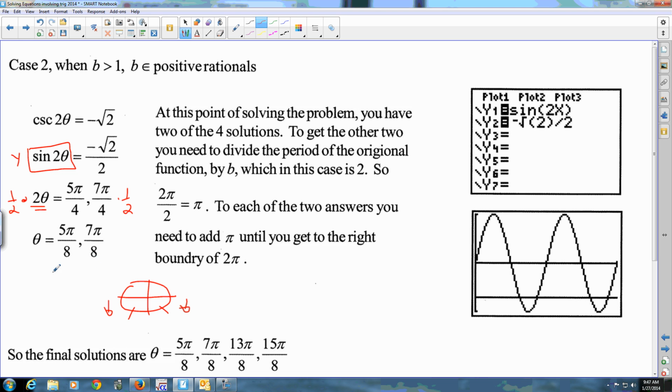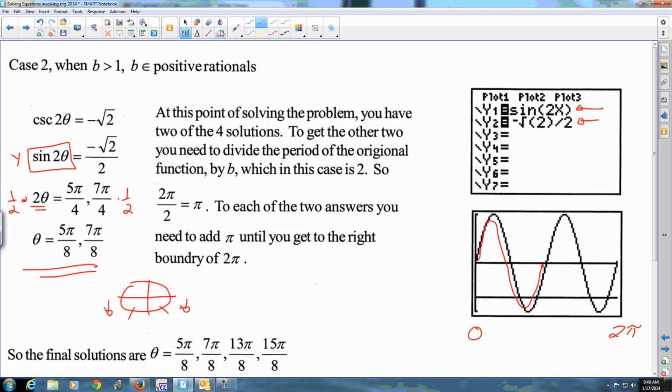4 answers. Now, how do I know there's supposed to be 4 answers? Well, go back and graph it, just like I was telling you in the previous problem. Sine of 2x, that is 1 period right here. That's 1 full cycle. And you guys can see it's going to cycle again between 0 and 2 pi.